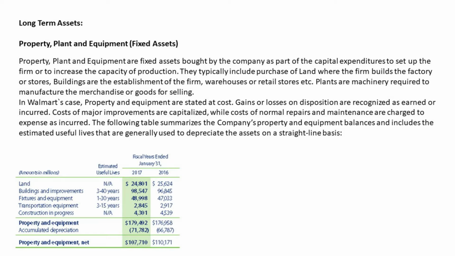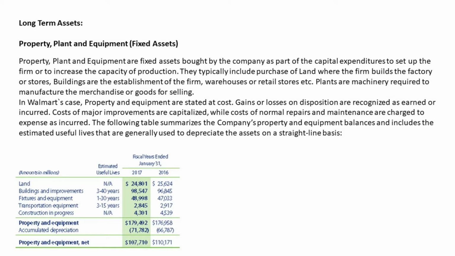Then they also indicated here the transportation equipment like the trucks and all other movable assets between 3 to 15 years, and those are the usual lives, and the useful lives are a driver to do the depreciation in the balance sheet.